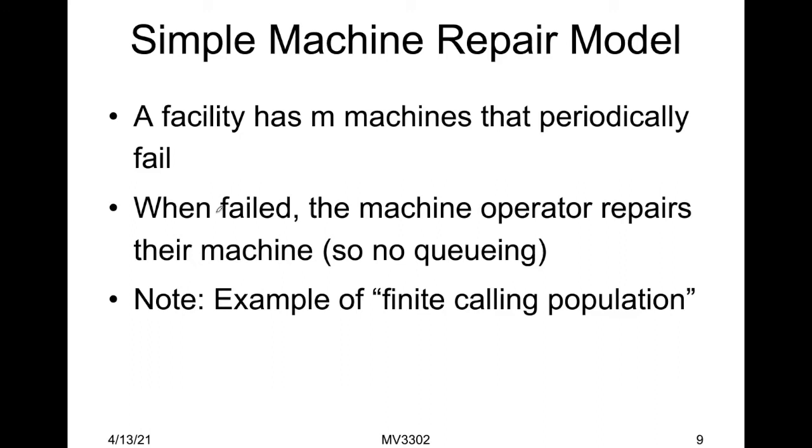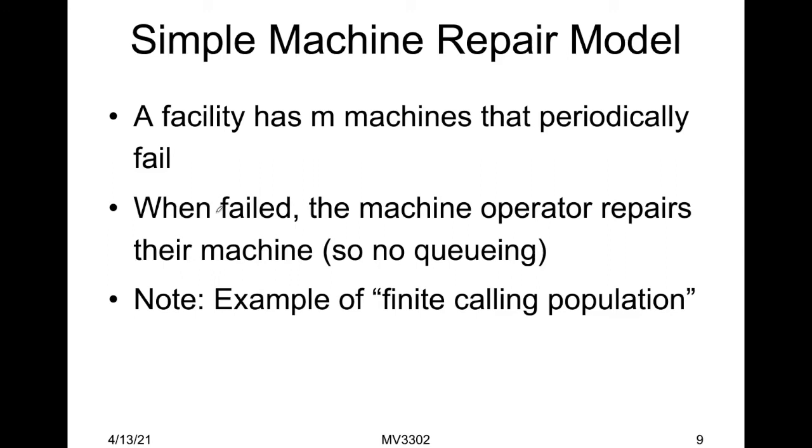Okay, so this is a simpler version of the problem that I asked you. So be careful, be cautious about just taking this hook, line, and sinker. But this is a simpler version of this. So we have a bunch of machines that periodically fail, and now, unlike the question that I asked you, the idea here is that the machine operator is also the repair guy.